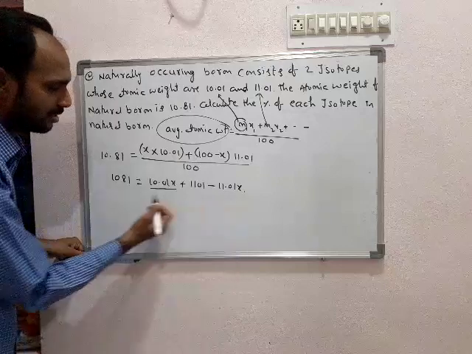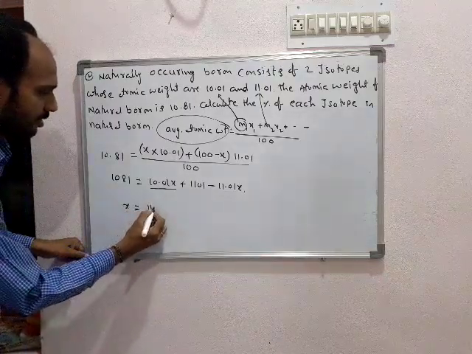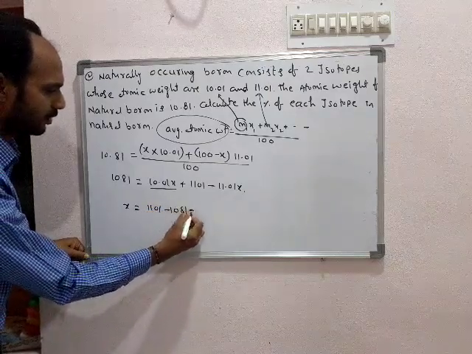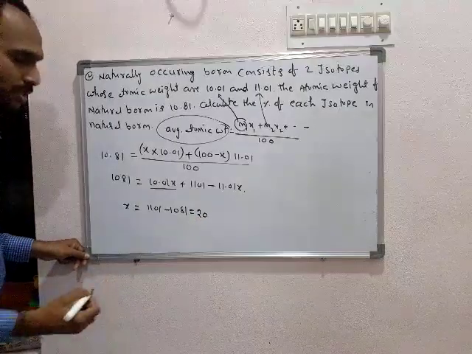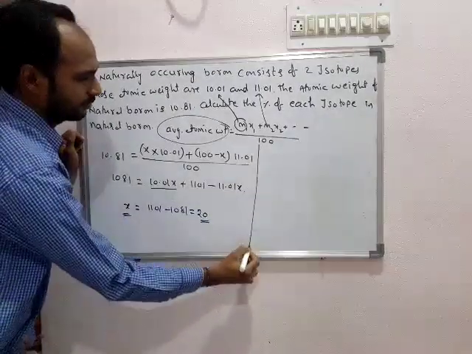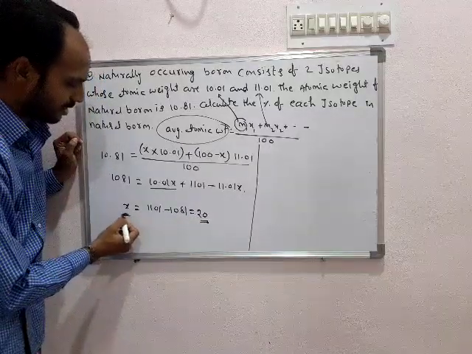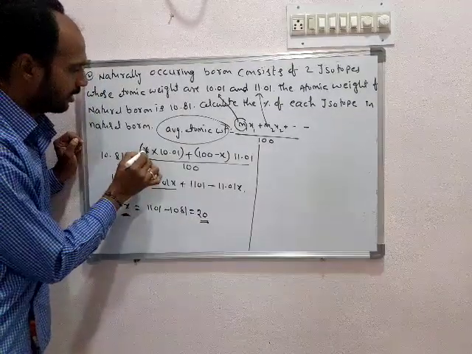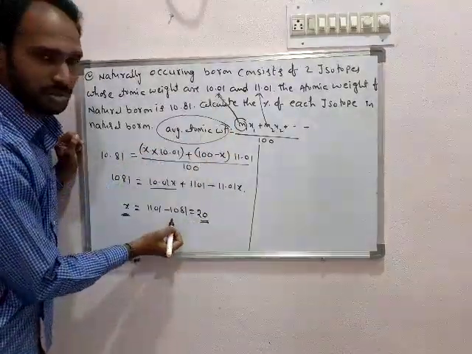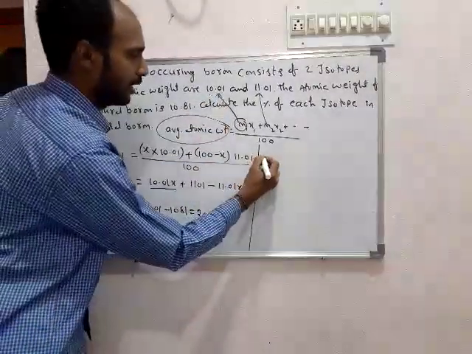Minus 1x transfer, it becomes x equals 1101 minus 1081, so that it becomes 20. So x equals 20. What is the x here? This is the percentage of the isotope having 10.01 atomic weight.